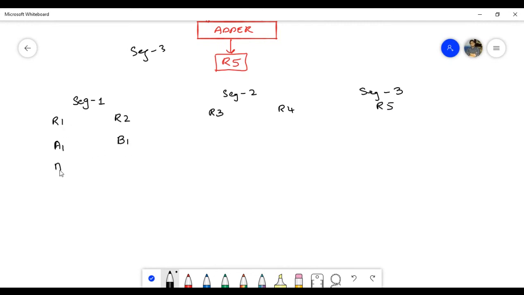So we will write A2, B2, A3, B3, A4, B4, A5, B5, A6, and B6. This is I value from 1 to 6.